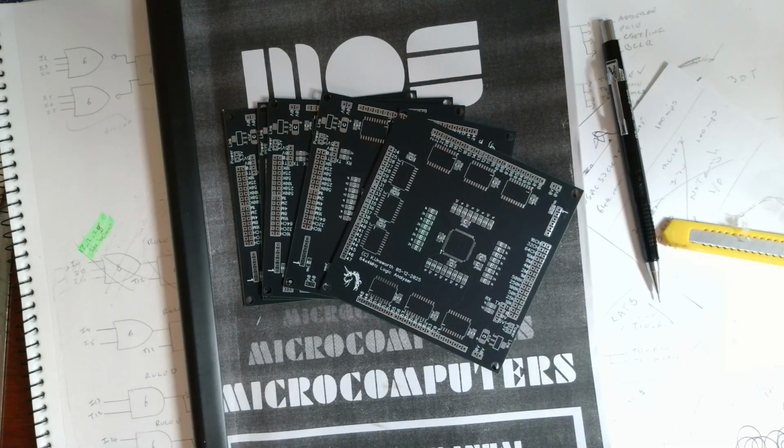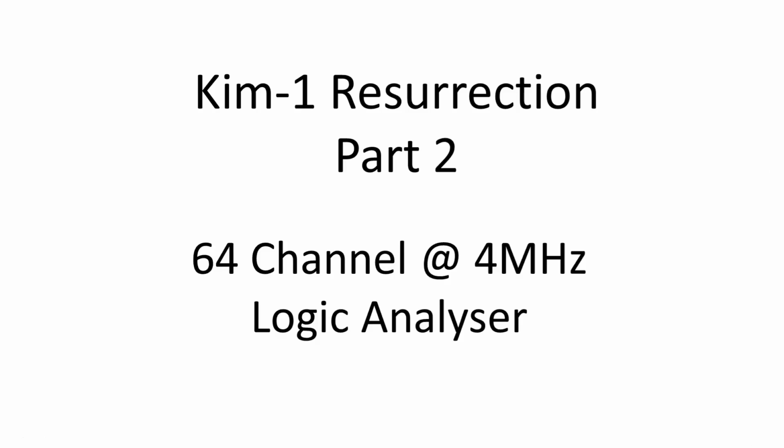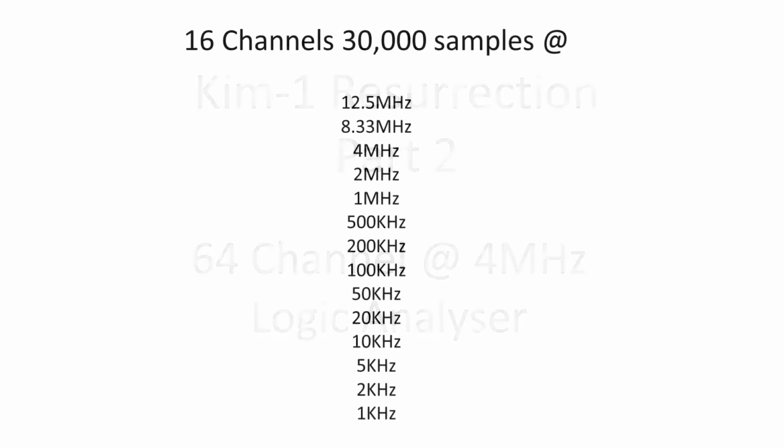So if we pop back to where we were on here, I'll go over how this system's meant to work. The design was meant to be 64 channels at 4 megahertz, or 4 million samples a second. So that's the goal, but I've enabled some other features on it because I could. It's just a matter of tweaking the software.